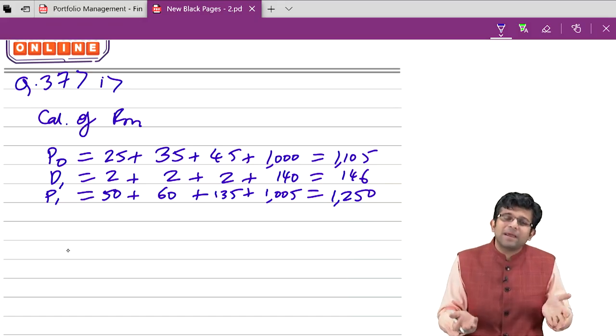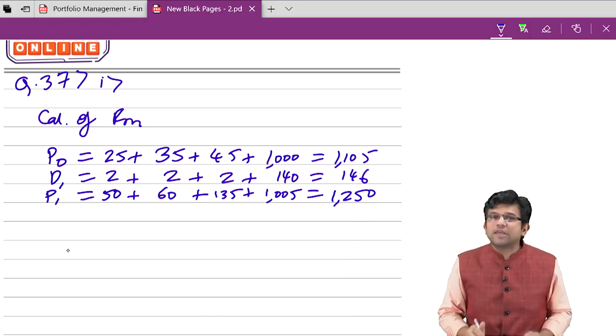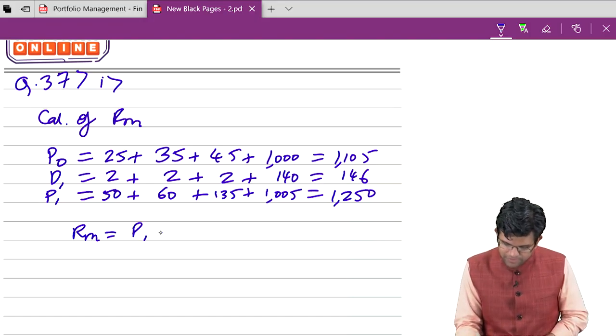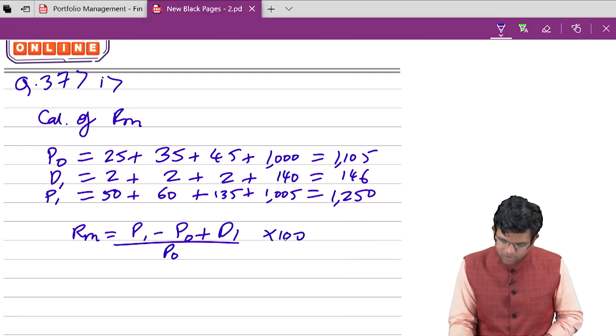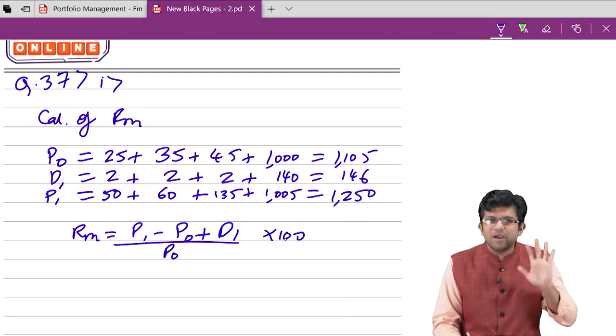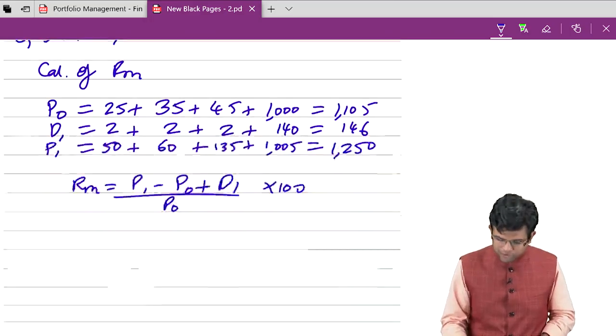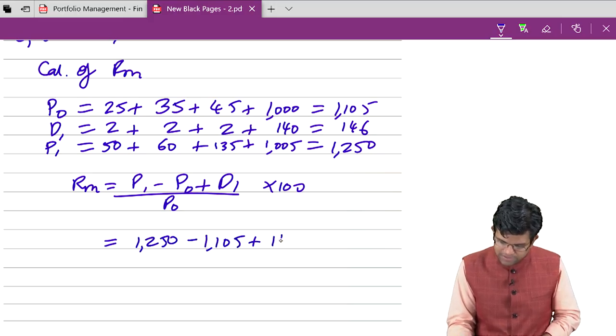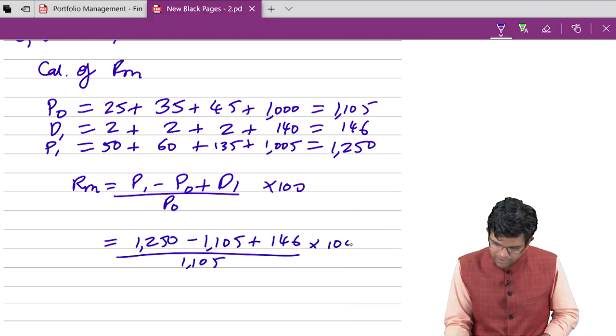Let us calculate RM. I am very sure you all know which formula is to be used now. Yes, RM is equal to P1 minus P0 plus D1 upon P0 into 100. This is a typical way of calculating RM in such types of questions. Okay, so I'll write down which is equal to 1250 minus 1105 plus 146 the whole divided by 1105 into 100.